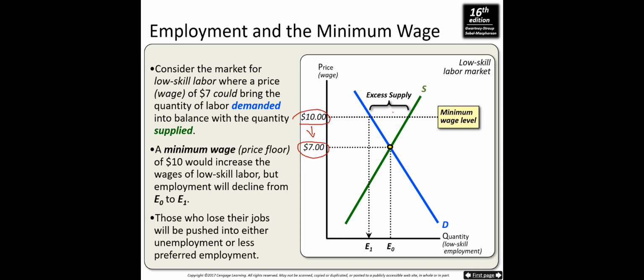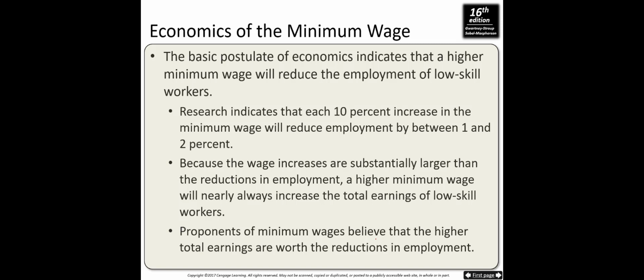A minimum wage of $10 would increase the wages of low-skilled labor, but employment will decline from E0 to E1. Those who lose their jobs will be pushed into either unemployment or less preferred employment. The basic postulate of economics indicates that a higher minimum wage will reduce the employment of low-skilled workers.